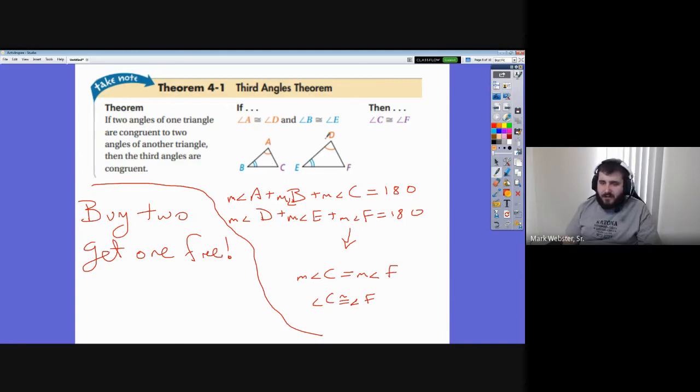If this is 50 and this is 50 and this is 70 and this is 70, well, then this is going to be left over as 60. This is going to be left over as 60. They're going to be the same, right? Buy two, get one free. If you've got two that are congruent already, then you get the third pair for free.